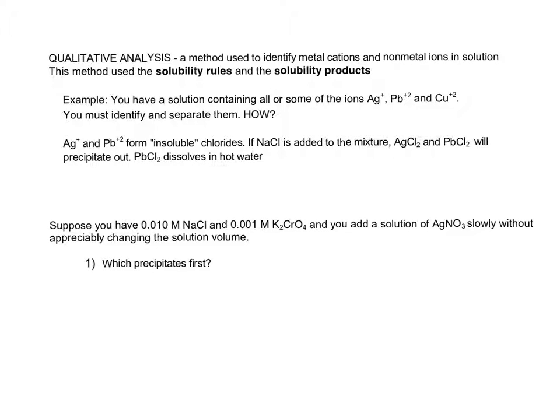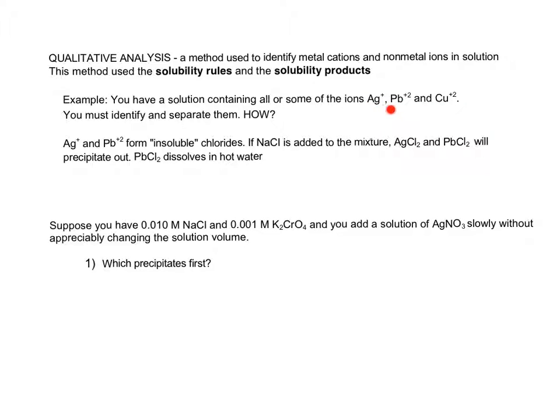So, for example, let's say that you have a solution that contains Ag+, Pb2+, and Cu2+, and you want to separate them, or you even just want to know whether all three of these exist in your solution. So how would you go about doing that? Well, we know that silver chloride and lead chloride are insoluble or sparingly soluble.